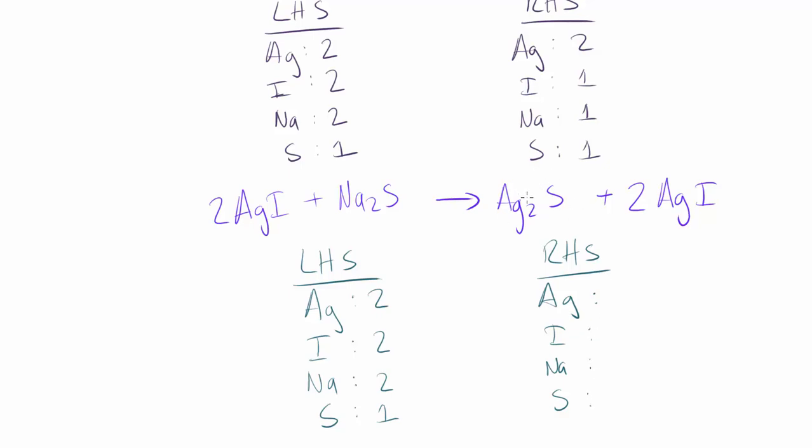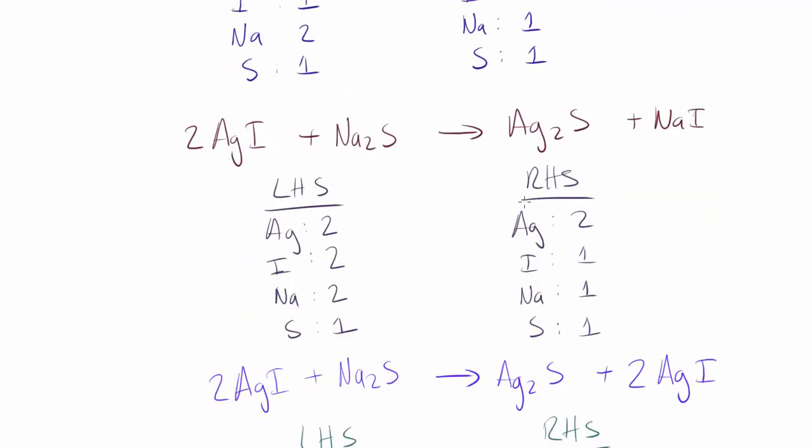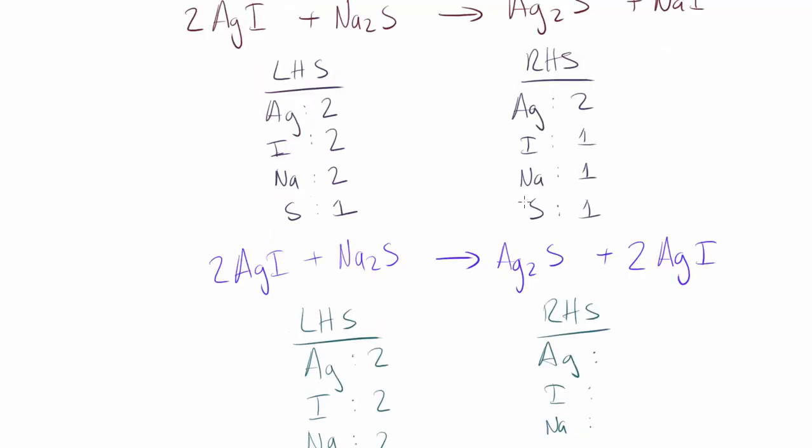If we look at the sodium here, okay, that shouldn't be an Ag, right? I think I've probably put the wrong one. That should be NaI, right? So 2 NaI. Okay.